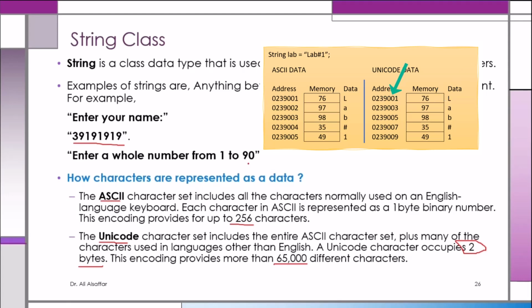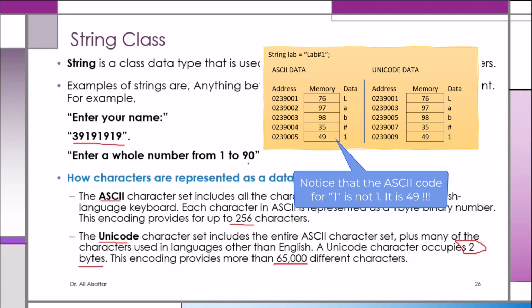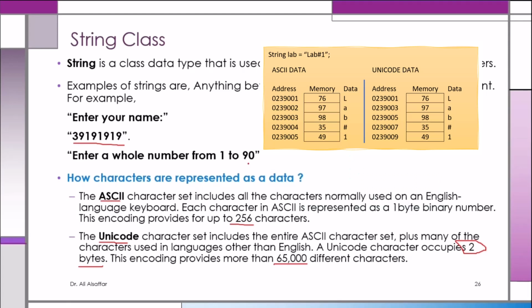But the next character, which is A, and its Unicode is also the same as the ASCII code, 97, is saved at address 0239003. So the first letter is taking 2 bytes in the memory, at 1 and 2. The next character, which is A, takes the addresses 3 and 4, and the next character, which is B, takes the addresses 5 and 6, and so on.